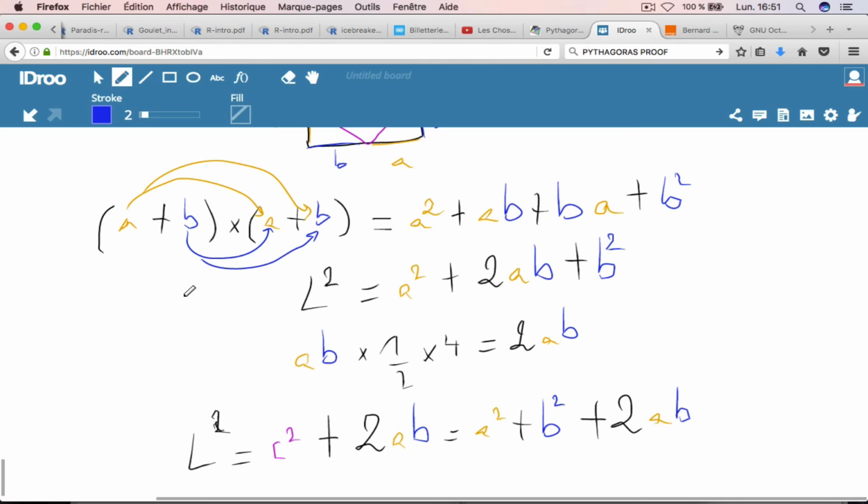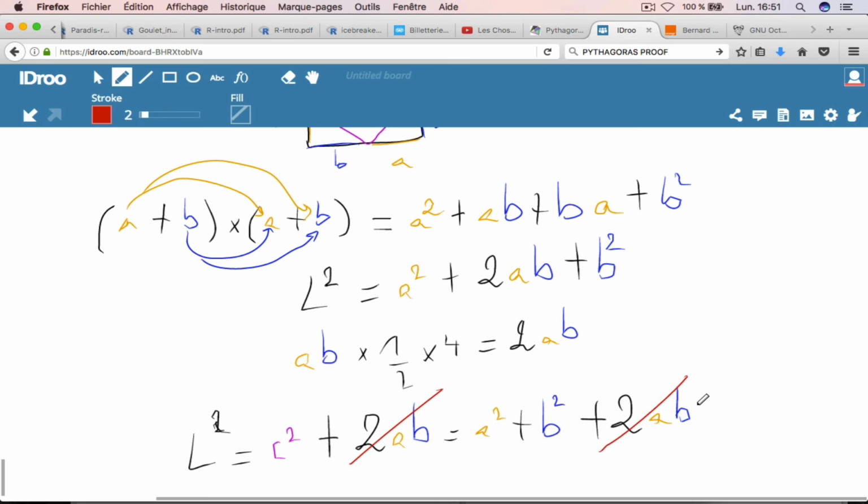We've got the same part on each side of the balance, so we can say this is the same as this. So what remains? It remains that C squared is equal to A squared plus B squared.